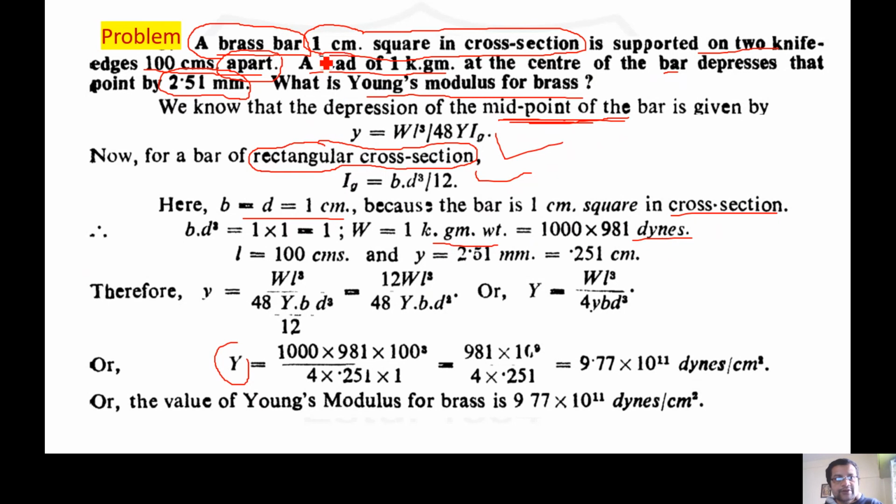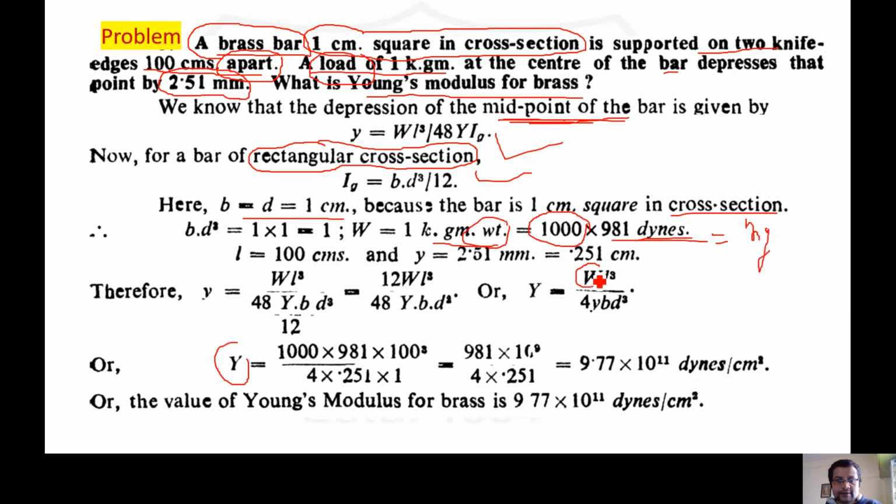When you say a load, it's a weight and gravity acts on it. So for the 1 kg gram weight, we need to multiply by 980 or 981 dynes with this 1 kg or 1000 gram, so that you calculate the actual weight. Remember W is mass into gravity, W is mg.